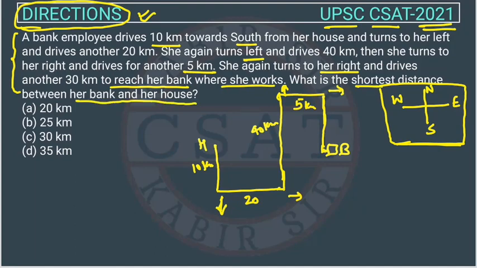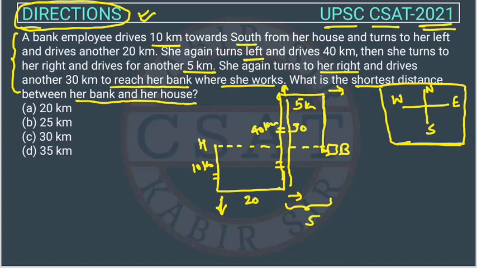So the shortest distance will be this much. This dotted line will be the shortest distance, right? Now we have to calculate this one. See, the total distance from here till here is 40. This is 10, so this will be 10, and this will be 30. This is 5, so this will be 5.